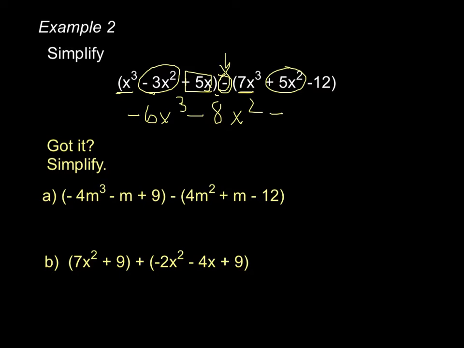So I simply carry that negative 5x down to my new polynomial. And the last thing would be any constants. Well, the first polynomial has no constant term, but the second polynomial has a constant of negative 12, so I simply tack it on to the end. So I have a negative 6x cubed minus 8x squared minus 5x minus 12.